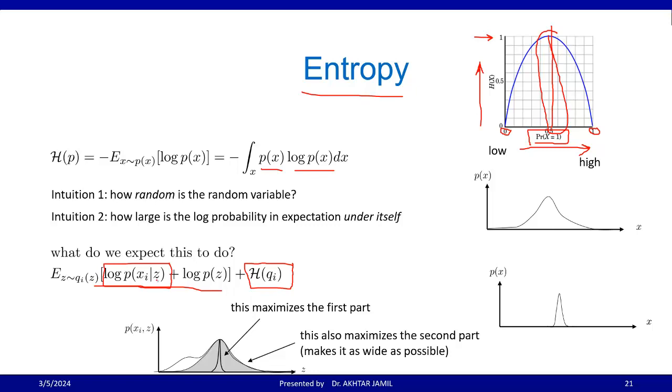Given some z vector, it is trying to generate these x of i, and we want these x of i's to be very close to the original images, or the training examples. If it is a dog, it should generate a dog; if it is a cat, it should generate a cat. So in other terms, we want its probability to be maximum, right? That is what this term is essentially doing.